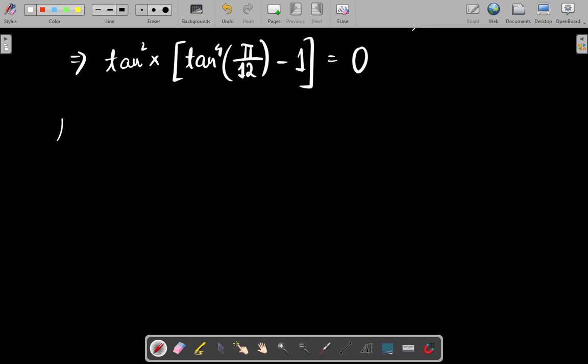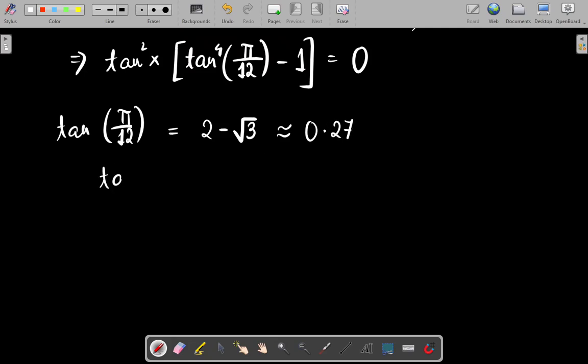Now if we observe tan(π/12), this is not a very standard angle, but it is somewhat standard. On simplifying, this value is 2 − √3, which is approximately 0.27. If you try to find tan⁴(π/12), this value is approximately 0.005.